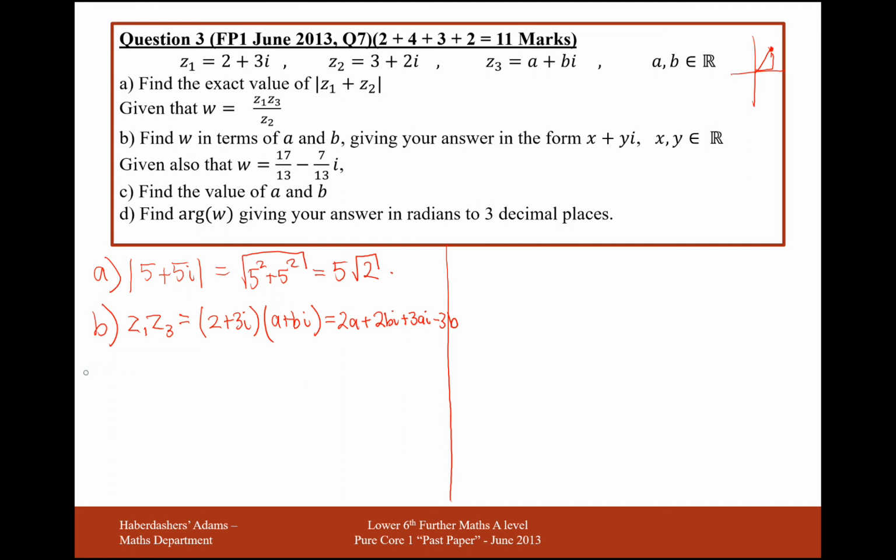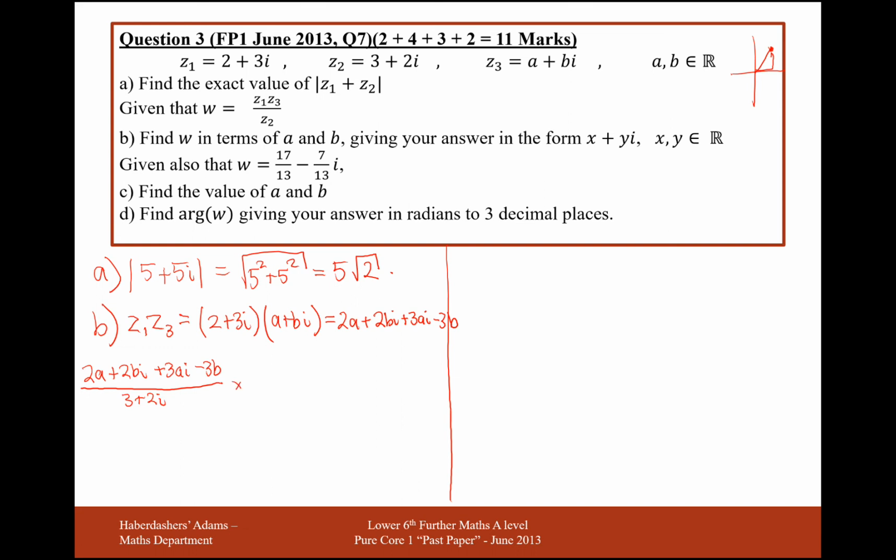So now what we're going to do is we're going to have this value Z1 and Z3 divided by Z2. Z2 is 3 plus 2i.